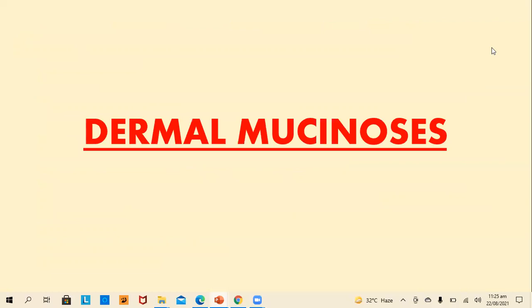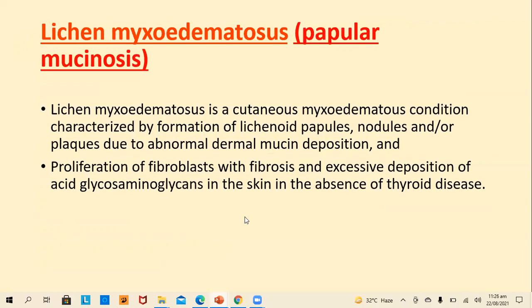So first, the dermal mucinosis. Our focus is the primary mucinosis. Lichen myxoedematosus, also called papular mucinosis. Lichen myxoedematosus is a cutaneous myxoedematous condition that is characterized by formation of lichenoid papules, nodules, or plaques due to abnormal dermal mucin deposition.